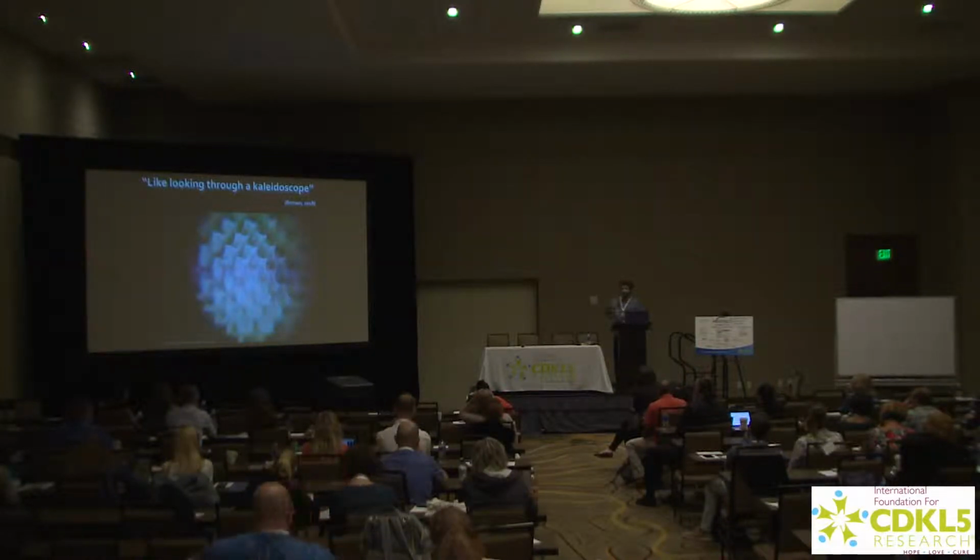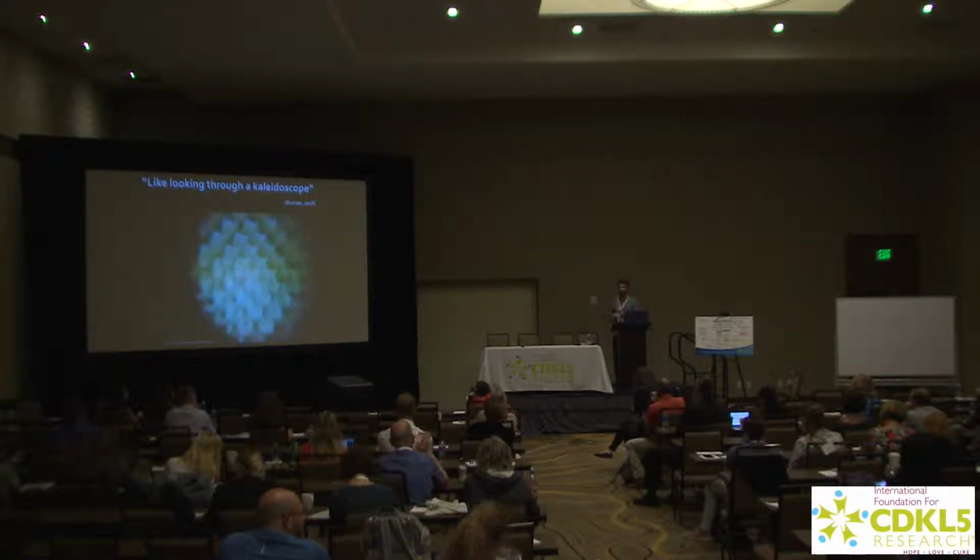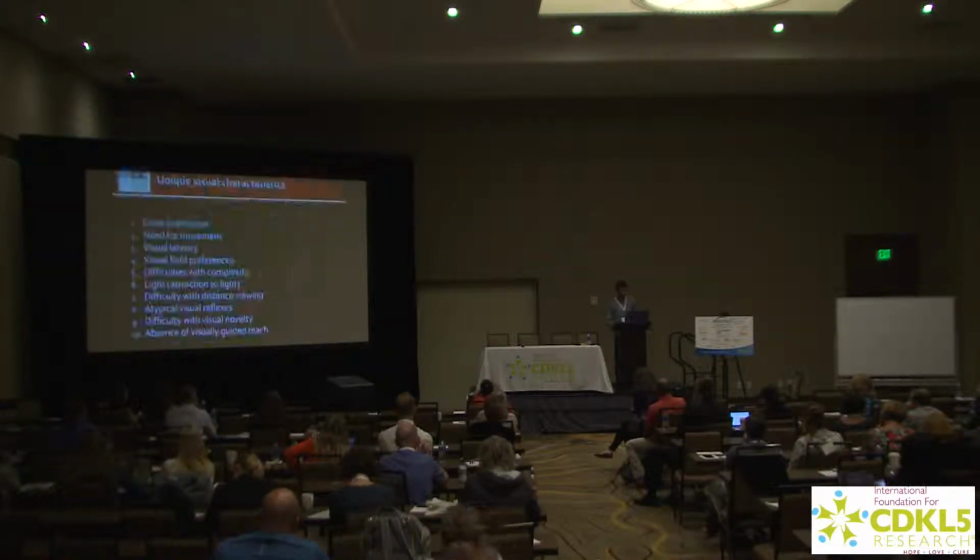Imagine looking at a picture book through a kaleidoscope. It would all blend together and be hard to figure out what was what. Whereas if you look through a kaleidoscope at a bright red ball against a dark black background, you could probably tell what it was. So we'll come back to that when we talk about characteristics.